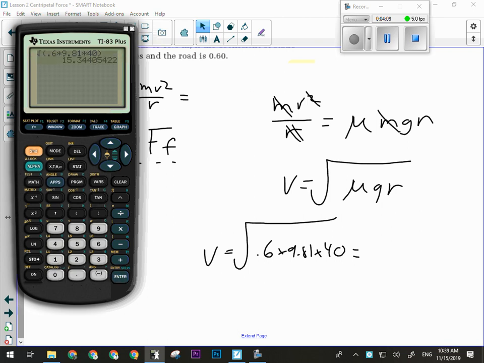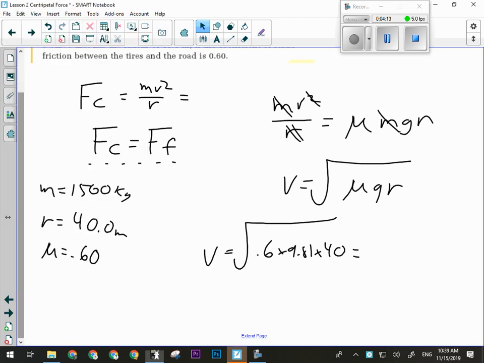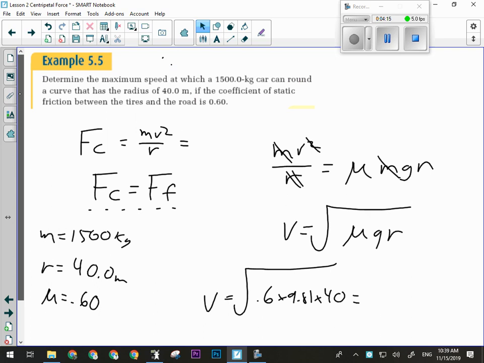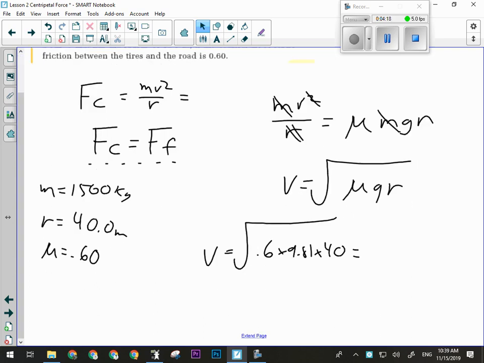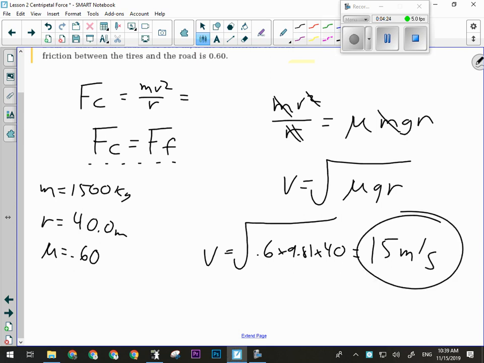So we got 15.3 meters per second. Actually, we only have two significant figures here, so this is going to be 15 meters per second. That is the speed at which the car can round the corner. Everybody all right with that? Yes.